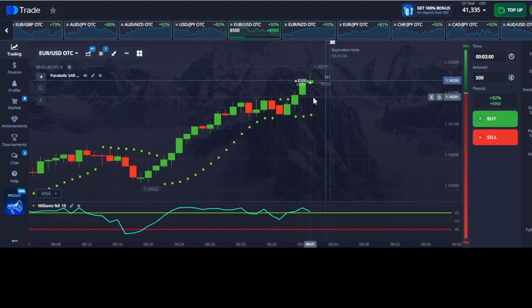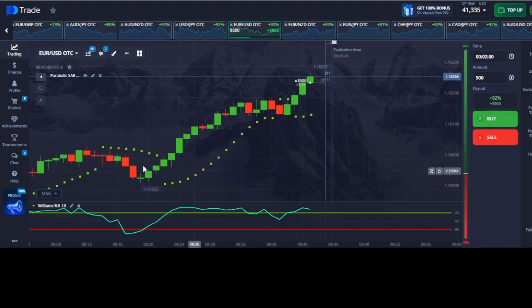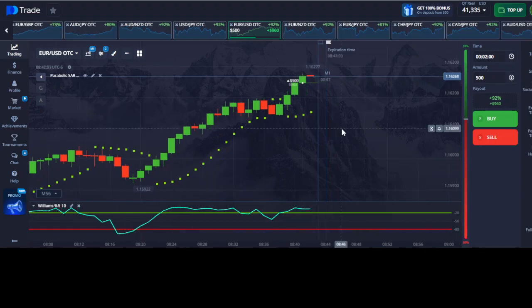And this suggests to me a continued bullish momentum to the upside in the price of the currency pair. Also, if you look at the overall price here, there's been a bullish movement in the price of the currency pair. So let's monitor this trade and wait for the expiry.